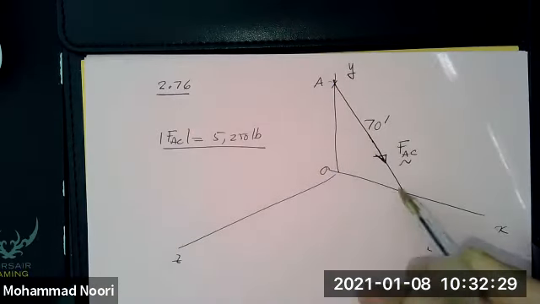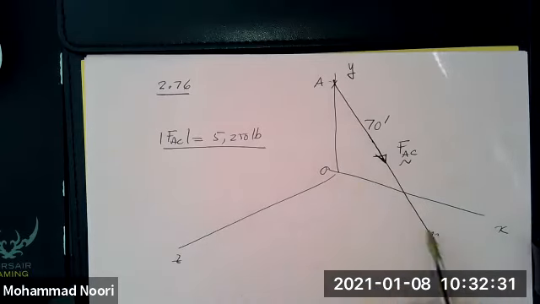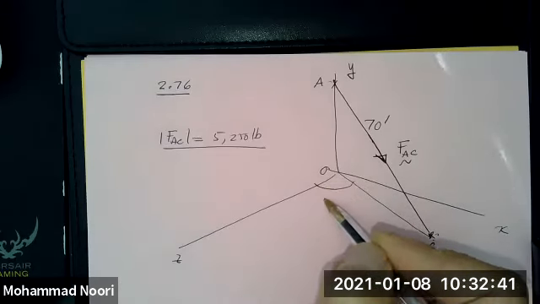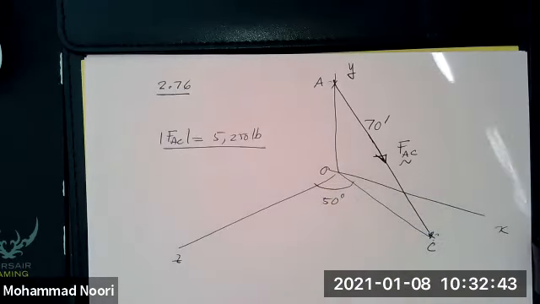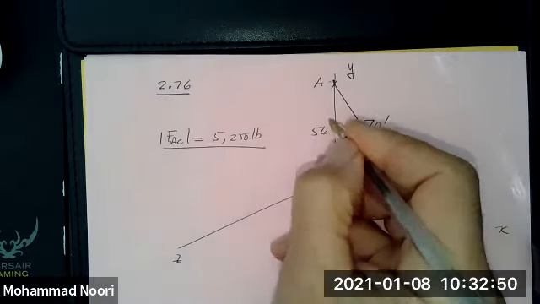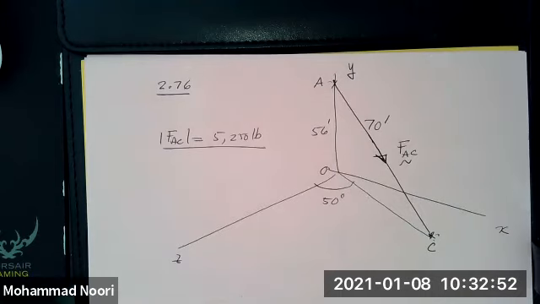And we also know if you project, of course, AC on plane XZ, which is what OC is, this angle is given 50 degrees. And also this height is given 56 feet. So these are what's given.